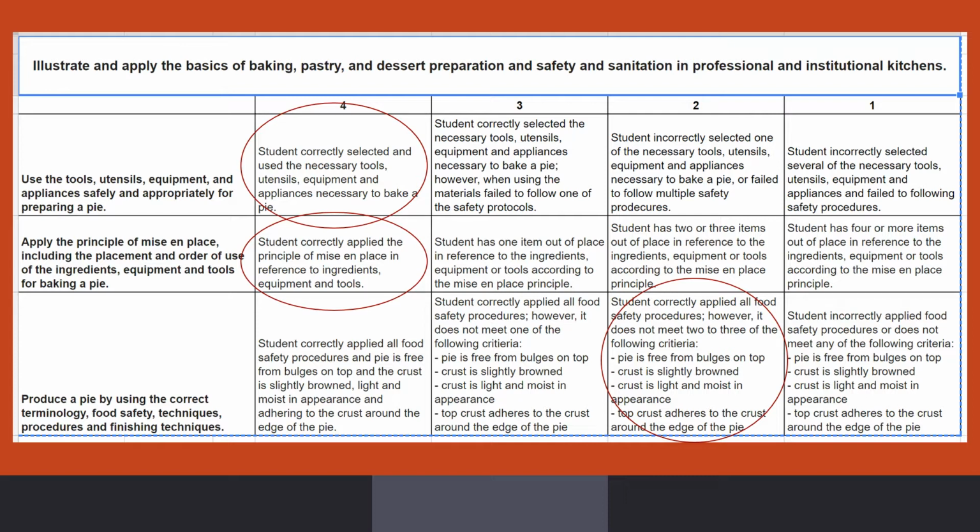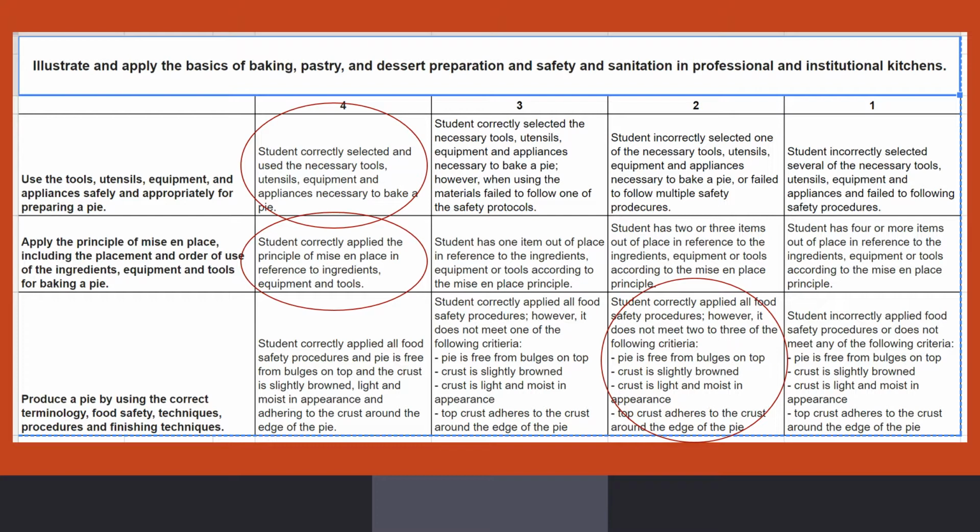The student really only struggled with the finishing techniques and the procedures necessary to finish it up, and to do it right, and to create a pie that is desirable, that is a good pie. This one had some bulges on the top, and the crust was burnt, obviously. And so really the student didn't do poorly. The student just failed on one of the substandards. The student was emerging because the pie was baked, it just was overbaked.